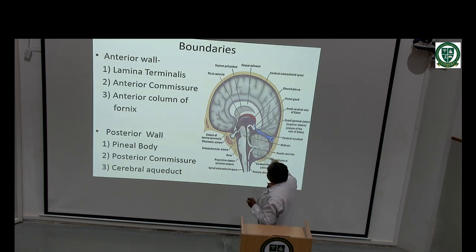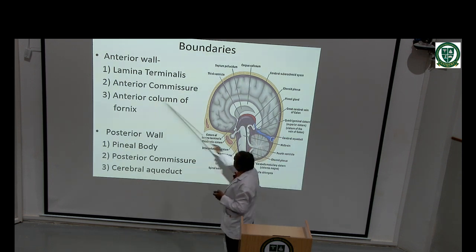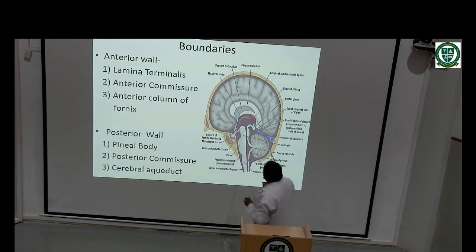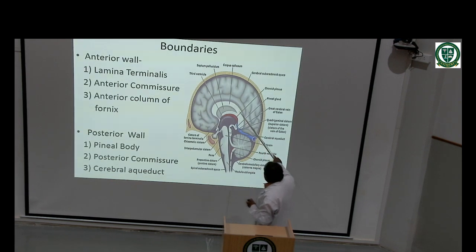So anterior wall is formed by the anterior column of the fornix. This is the fornix. What is this? This is the corpus callosum. From the corpus callosum, the fornix is passing anteriorly, and this is the anterior part of the fornix.